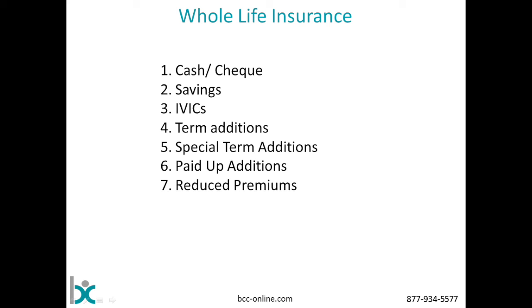Now, without getting into too much detail here, because we haven't talked about taxation yet, I will show you that when there is some cash associated with a participating whole life policy, as in the case of the first three options, possibly as in the case with the fifth dividend option, and in a sense, although less directly, with the reduced premium options, when we have that dividend paid where there's a cash component or some cash savings to the policy owner, then there are some tax implications for having done so, in the form of a reduced adjusted cost basis for your life insurance policy.